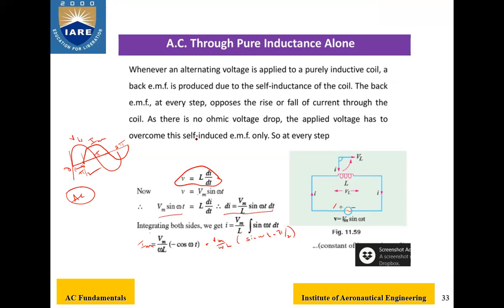And any answer? When DC is given instead of AC, now I'm giving a battery here. What happens? Short circuited, sir.